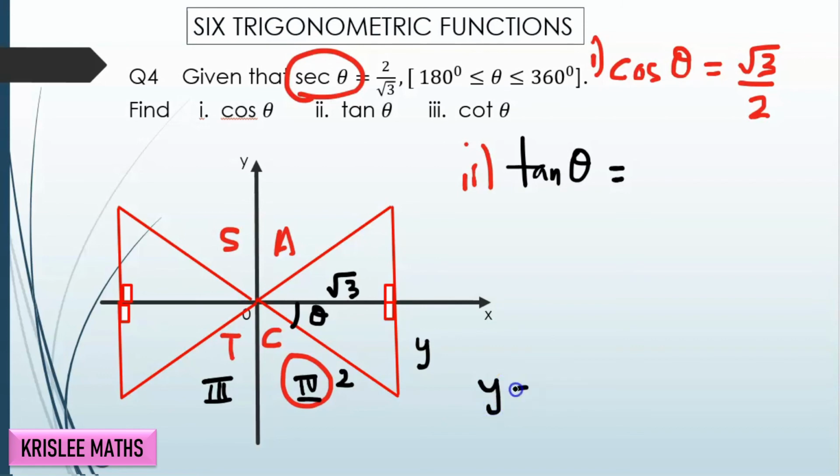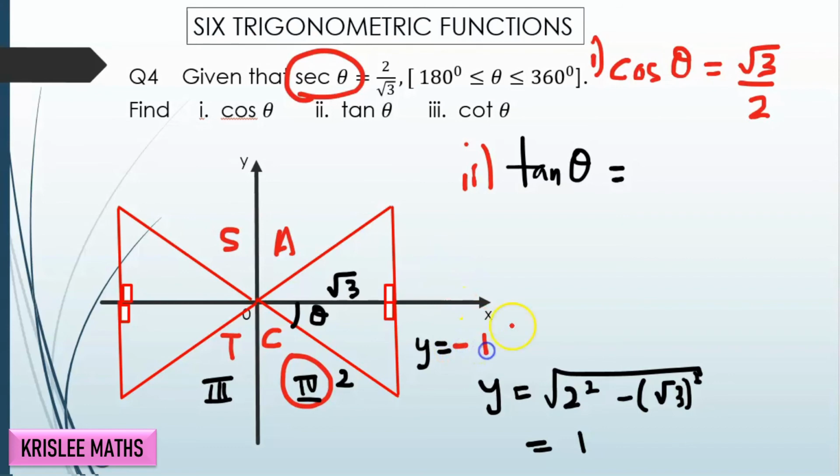Here you have to find the y. By using the Pythagoras theorem, 2 squared minus square root of 3 squared. Simplify this, you will get 1. Now remember, this side is parallel to negative y, therefore the sign here has to be negative. Be careful with that.